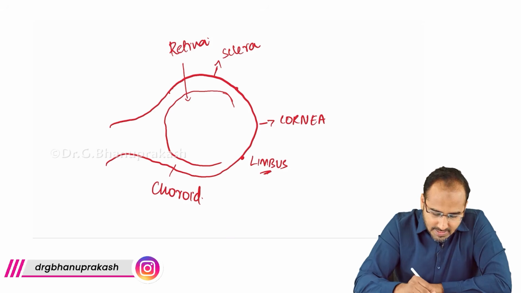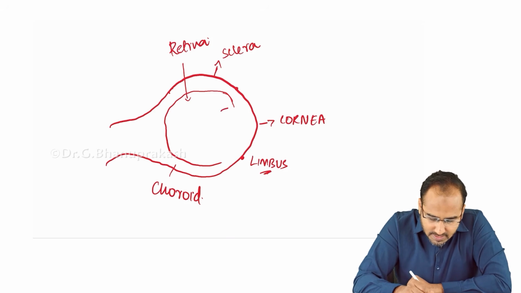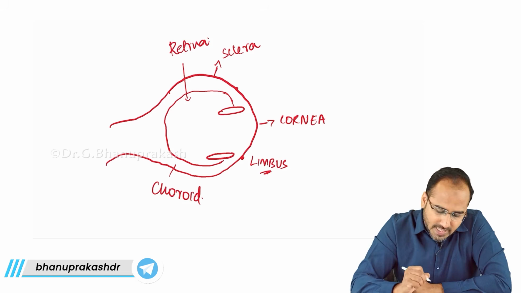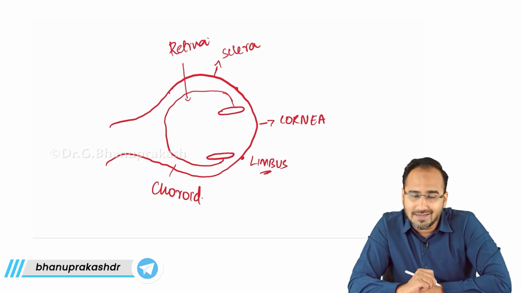Right? Retina. Now from this third and innermost layer of the eye, two bodies merge out. These are called the ciliary bodies.